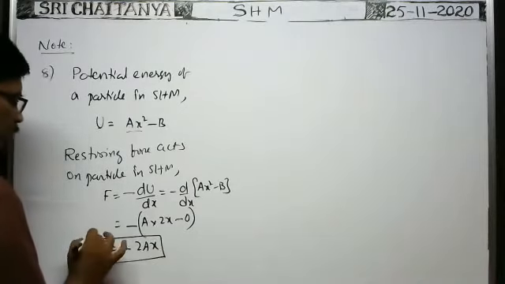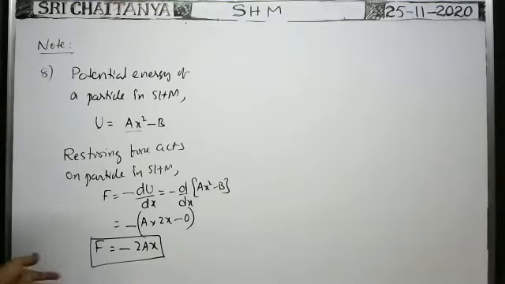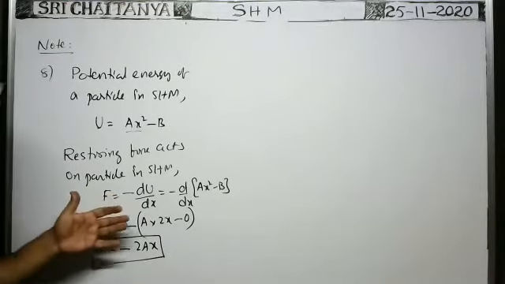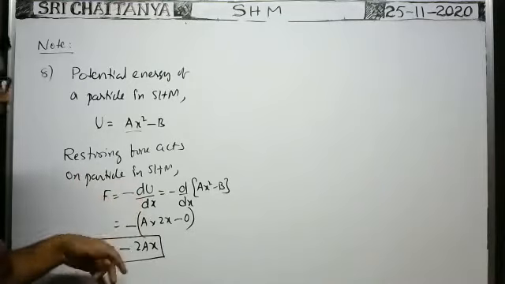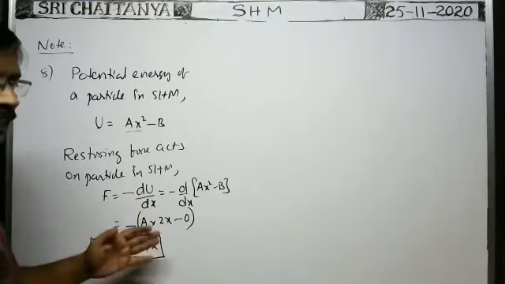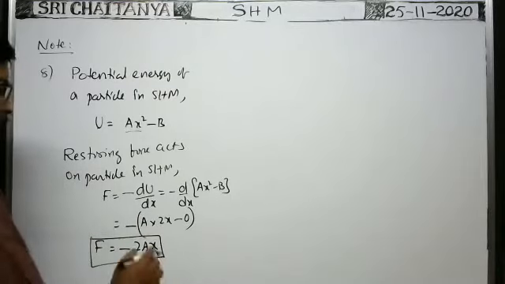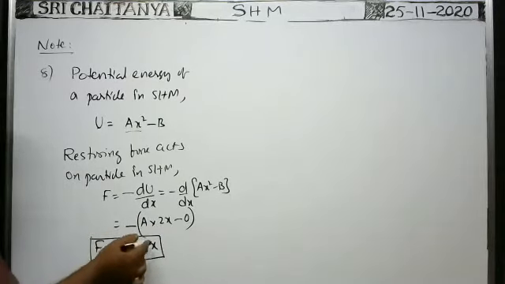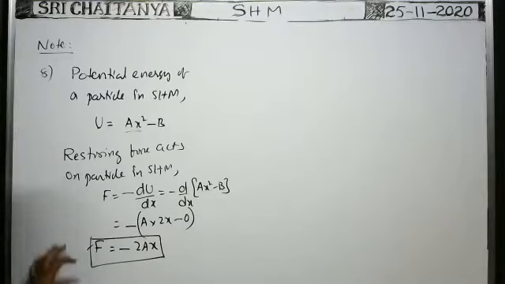In this way, we can find the restoring force. As acceleration is directly proportional to minus x, restoring force is also directly proportional to minus x, because it is the condition for SHM. Force is proportional to x, opposite in direction, and always directed towards the mean position. So it follows that condition. 2a is the constant.